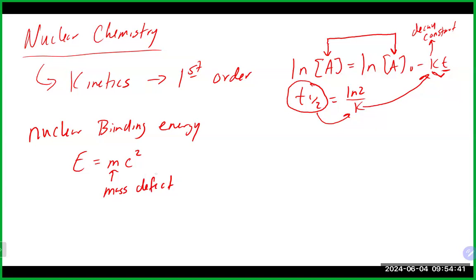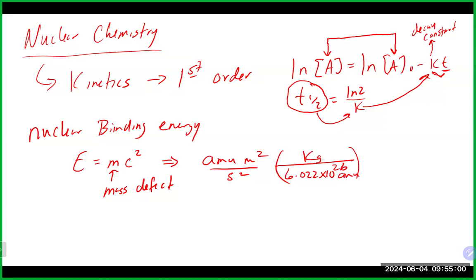You could go into this equation, and when you do, you end up with units of amu meter squared per second squared. You do need to get it into a joule basically from here, and you can divide by Avogadro's number, 6.022 times 10 to the 26, which will get you to kilograms up on top.